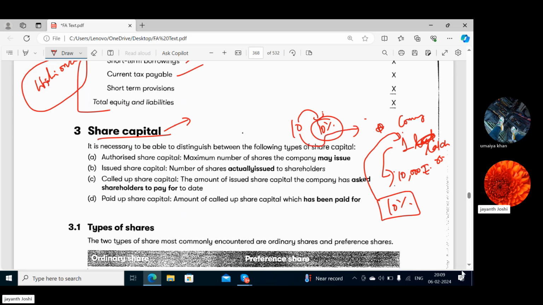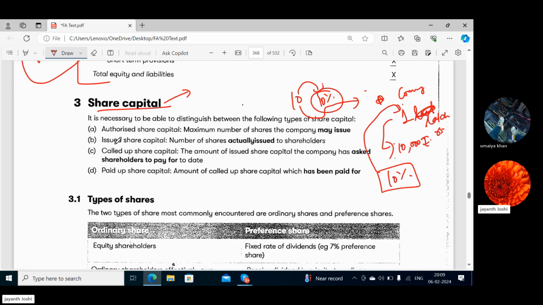Now, there are certain types of share capital. Authorized share capital is the maximum number of shares the company may issue. So the company may issue some 100 shares. It is not necessary that all 100 shares will be purchased by the shareholders. Some people may apply and not make the payments, or their shares may get forfeited or cancelled.